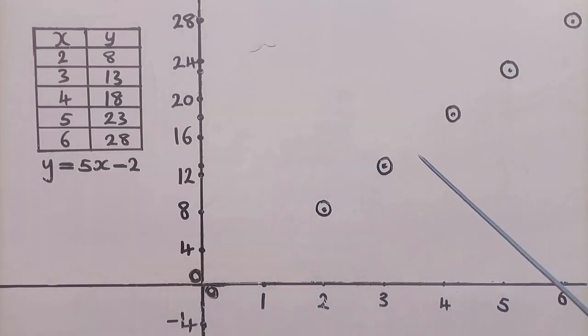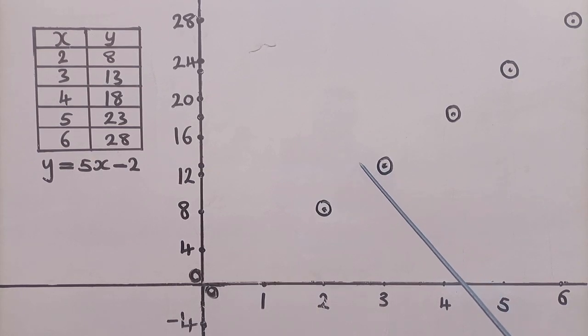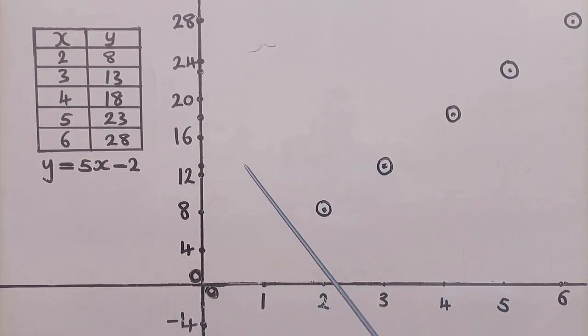All right, these are the other remaining points of intersection, partial points of intersection. You observe that these 2 corresponds to 8. Also, these 3 corresponds to 13. This 4 corresponds to 18.